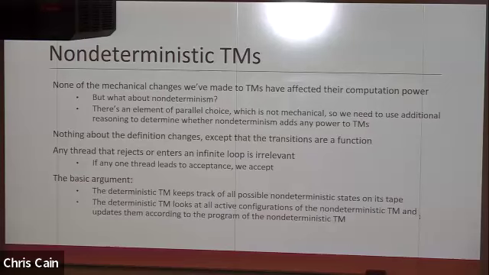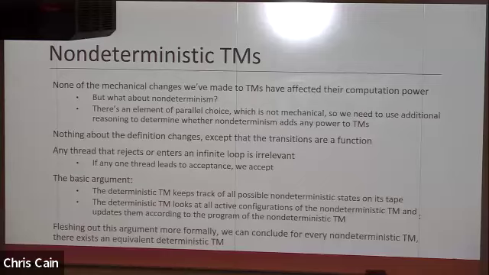The deterministic Turing machine looks at all active configurations of the non-deterministic Turing machine and updates them according to the program of the non-deterministic Turing machine. That's a more complicated way of saying exactly that same thing, but again, just using what a Turing machine can do. And if we continue down that road, we can conclude that we can convert between non-deterministic Turing machines and deterministic Turing machines. That's a little crazy to think about.